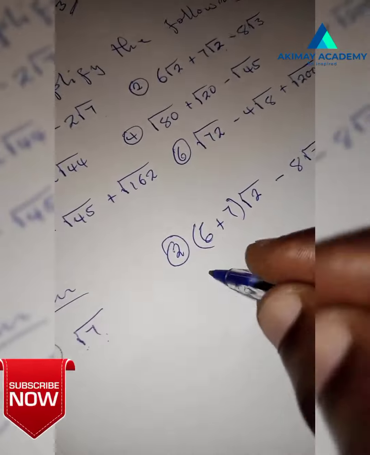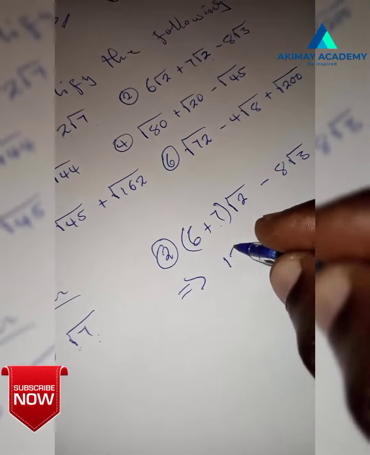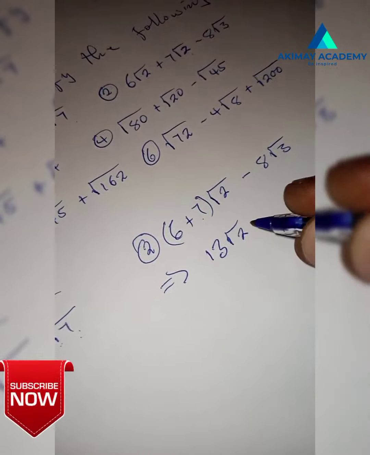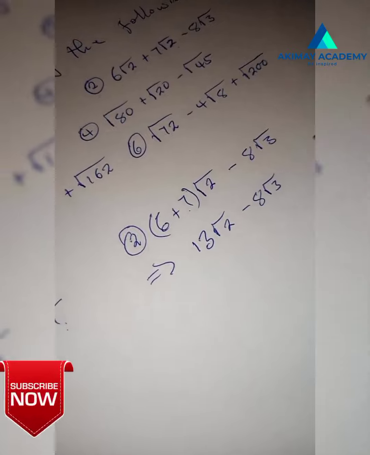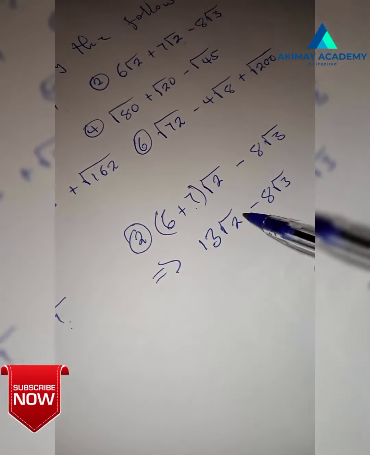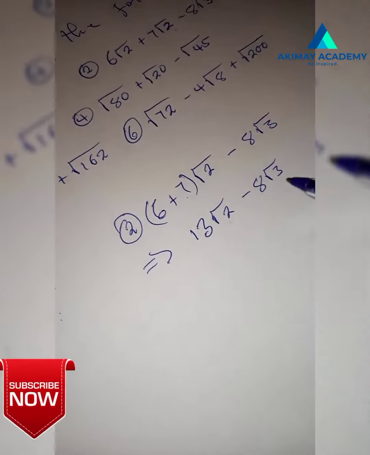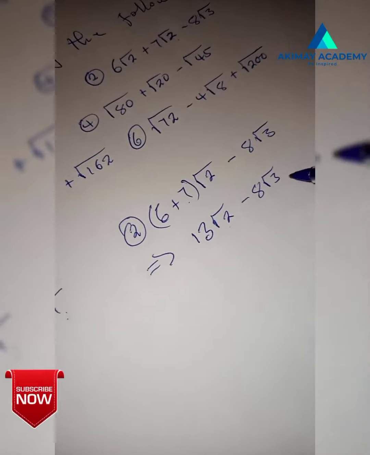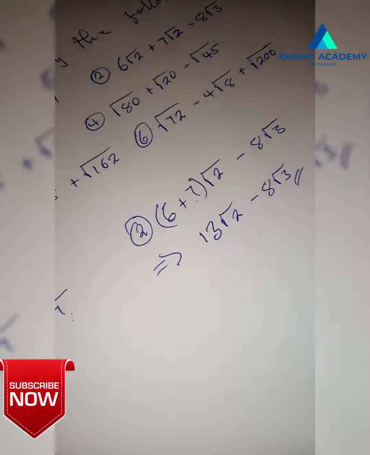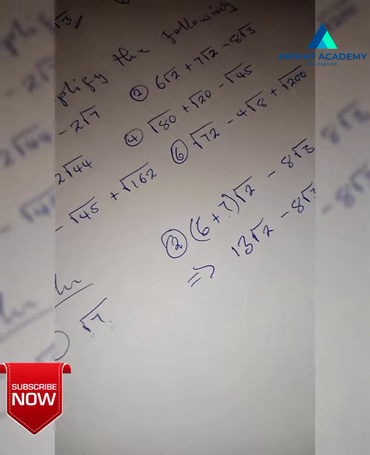So 6 plus 7 should give us 13 root 2, minus 8 root 3. Now in this situation, you can see that here is root 2, here is root 3, and these radicals are not of the same form. So we leave them like this as our answer. Because at this point there's nothing you can do. You leave them like this as our answer.